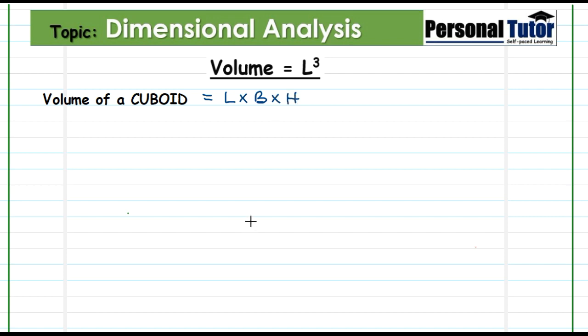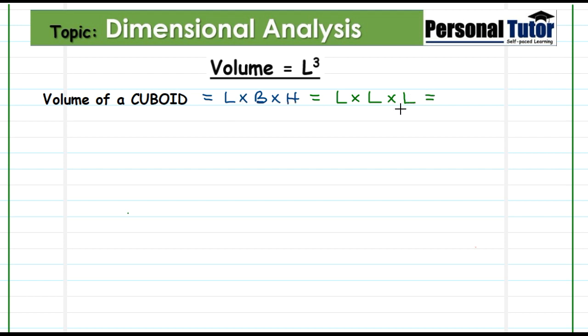That is it. Friends, now expressing this in the dimensional form, length has its unit as L. Breadth has its unit as L. And height also as L because they all express length.